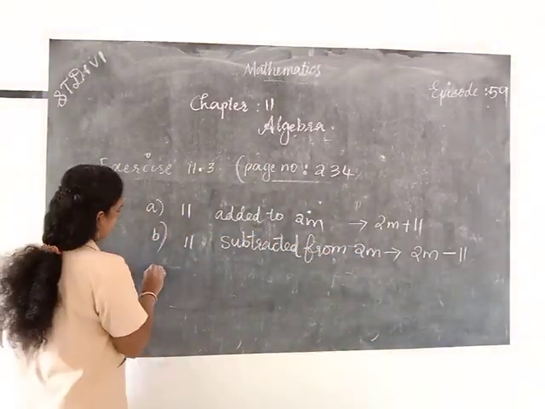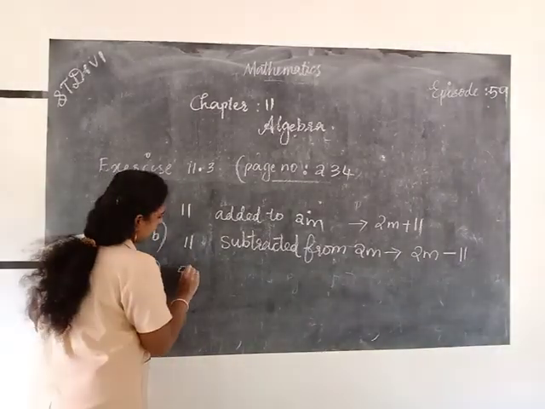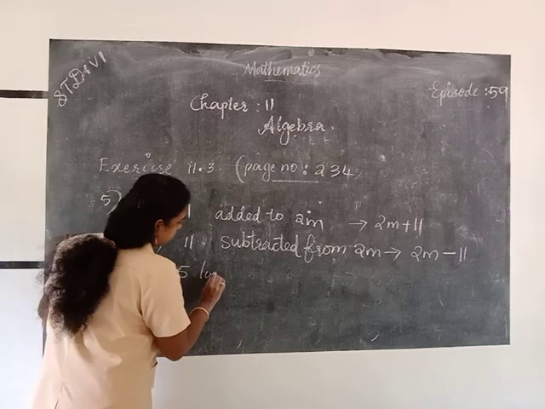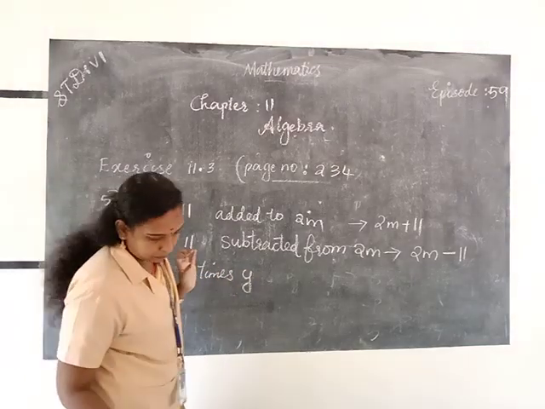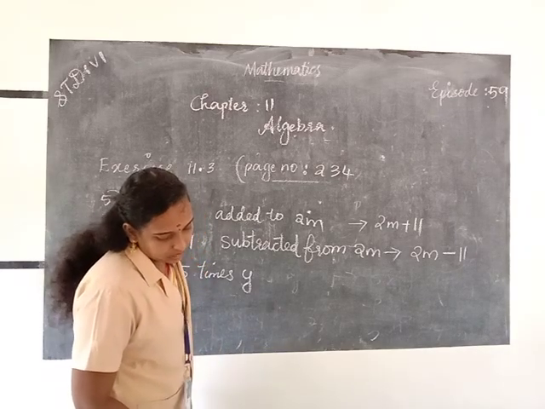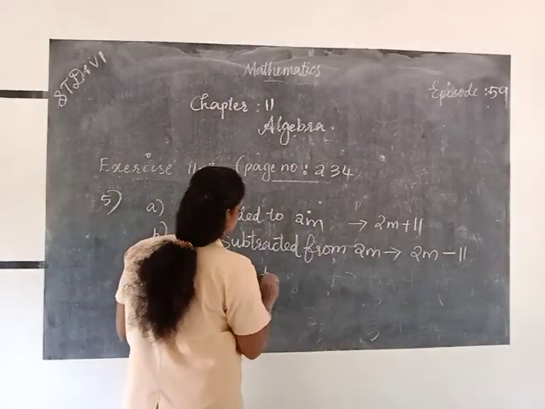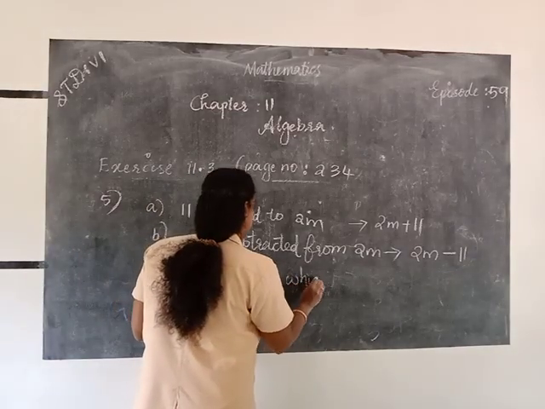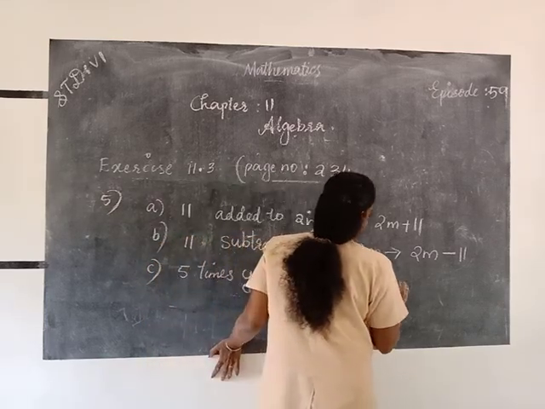Then the question number C. 5 times y to which 3 is added.